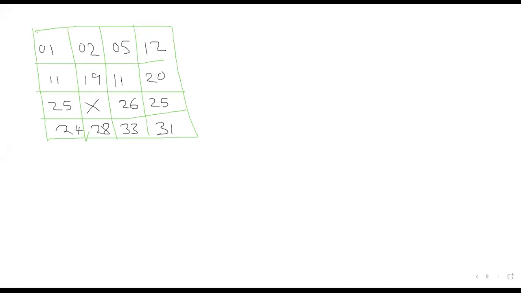So you'll be asked to draw what is called a stem and leaf diagram.